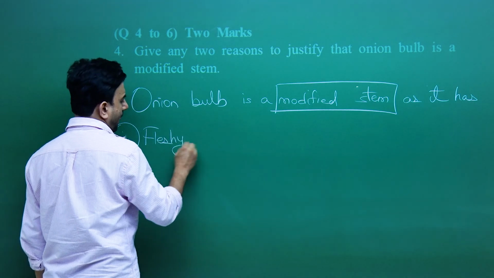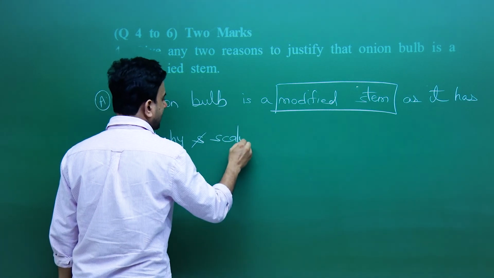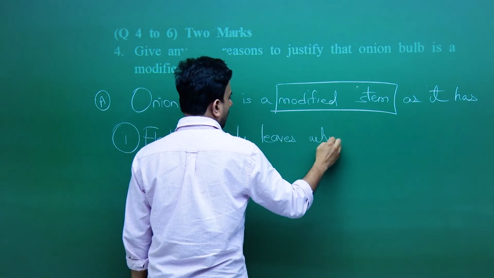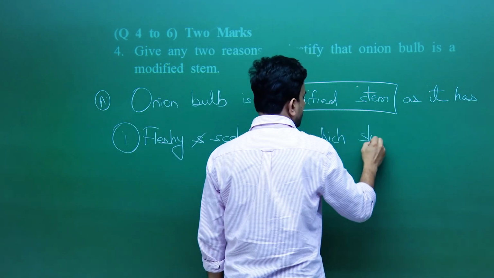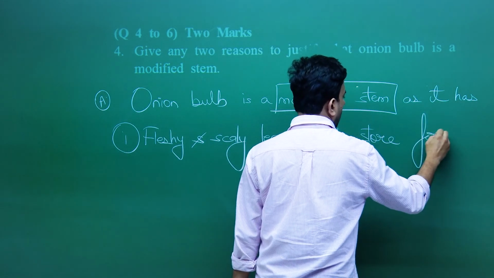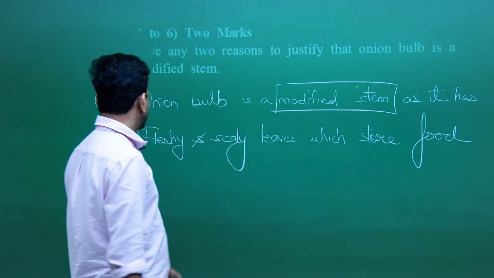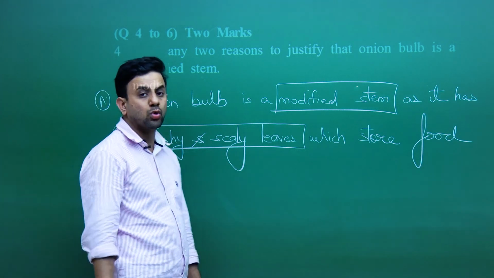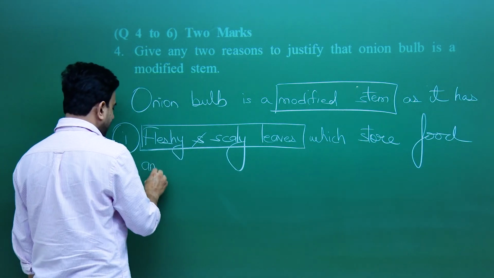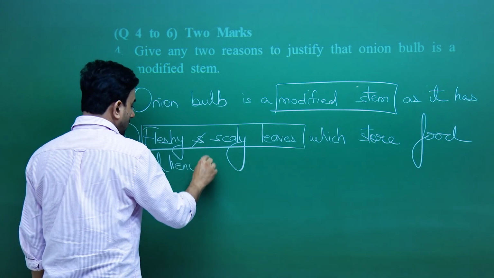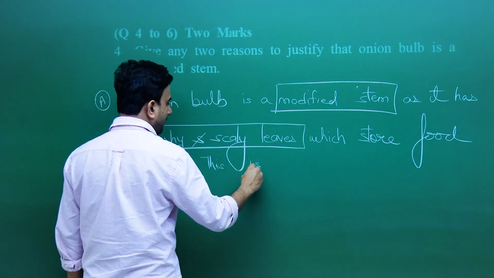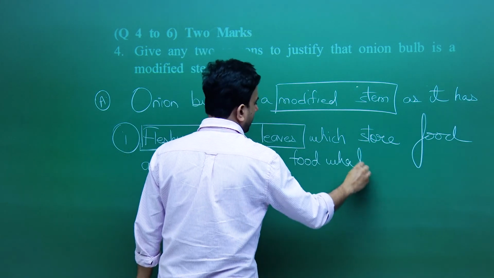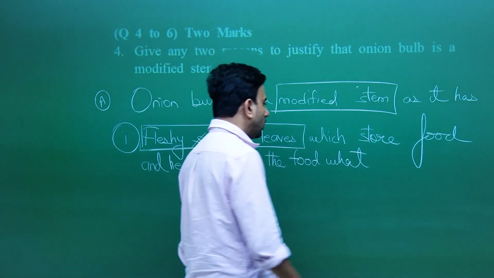Fleshy and scaly leaves which store food, right. The fleshy and scaly leaves which store food, and hence this is the food what we are eating while having onion.